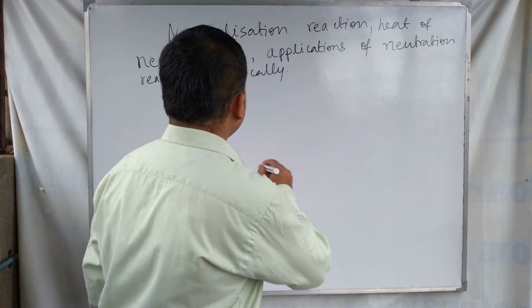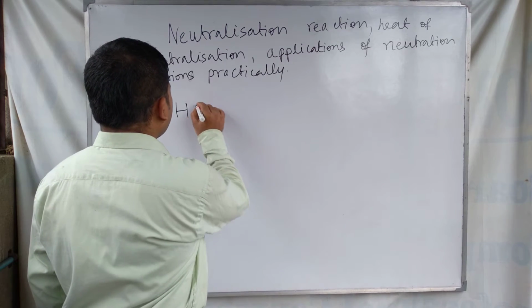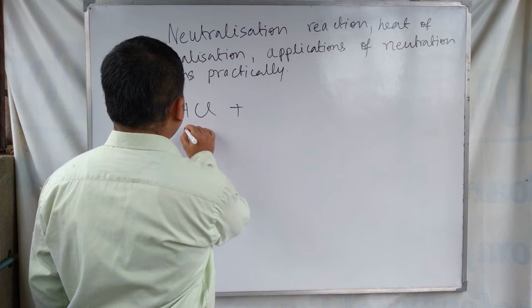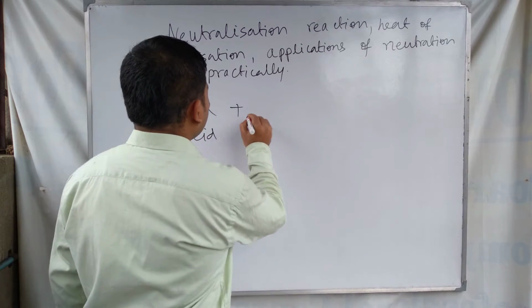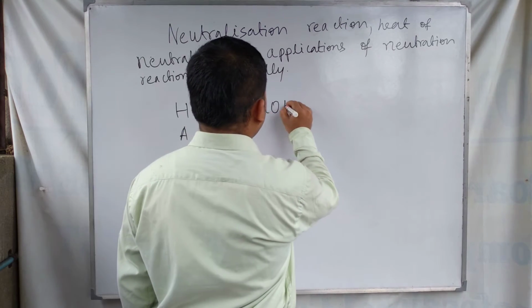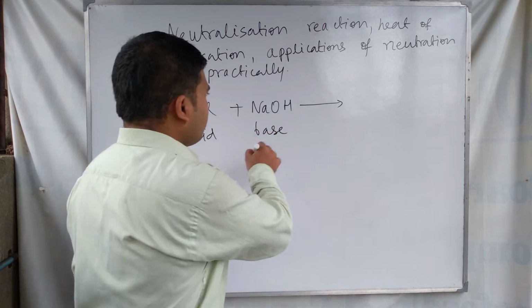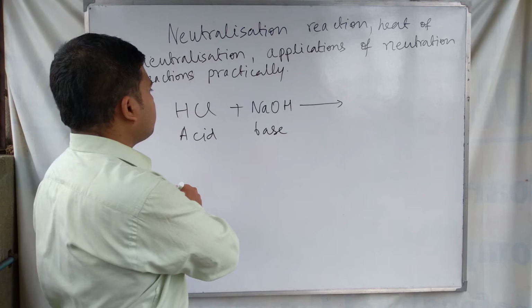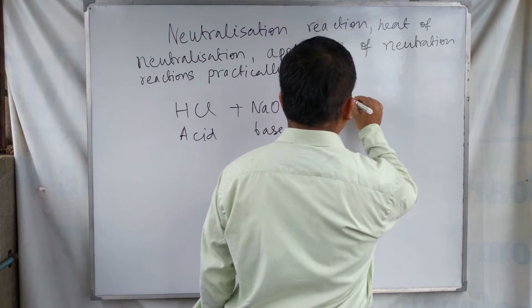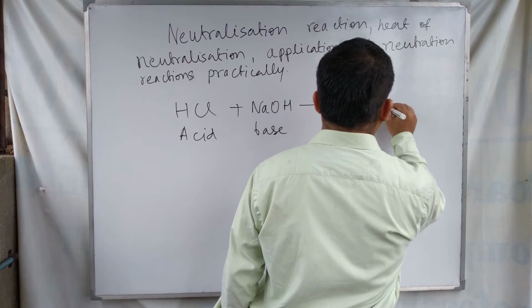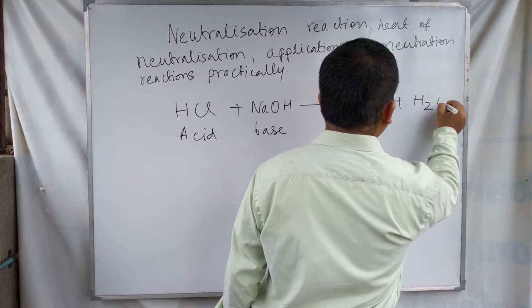For example, we can take HCl as an acid and sodium hydroxide as a base, and when we mix acid and base together, the new substances formed are sodium chloride and water.